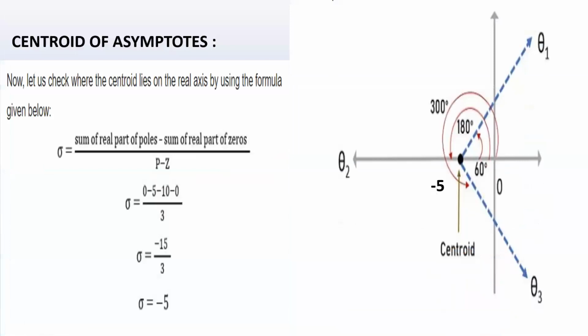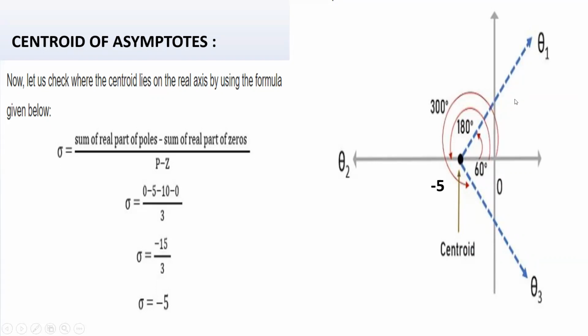And if we see that the asymptotes are going in such a way that the curve should intersect the imaginary axis. So if we take any curve whose asymptotes are making 60 degrees with the positive real axis, then we can say for sure that it should touch the imaginary axis as well.